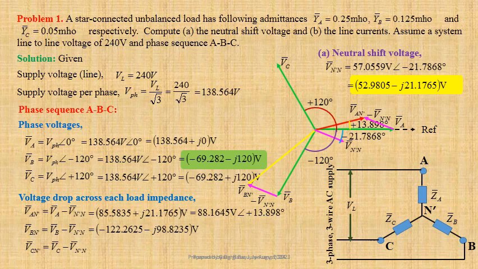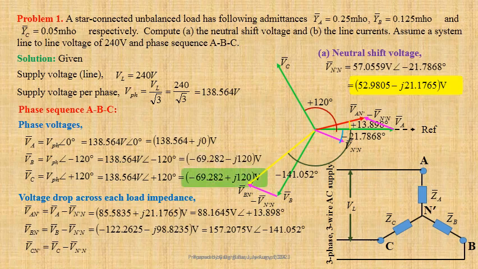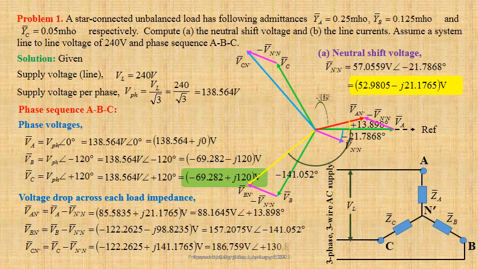In polar form, this may be written as 157.2075 volt at an angle minus 141.052 degree, and Vcn' equals minus 122.2625 plus j times 141.1765 volt. In polar form, this may be written as 186.759 volt at an angle plus 130.8934 degree.